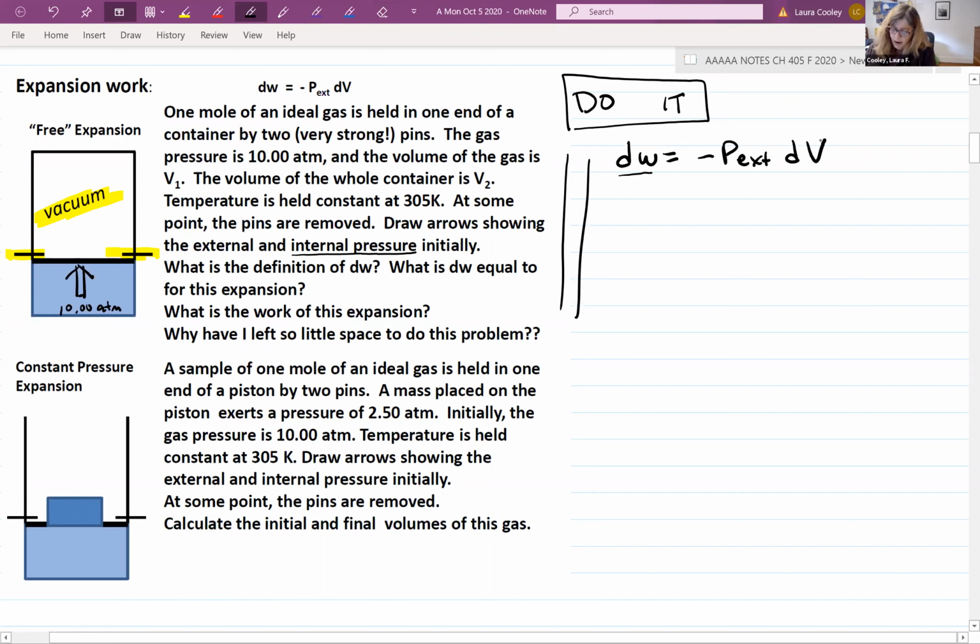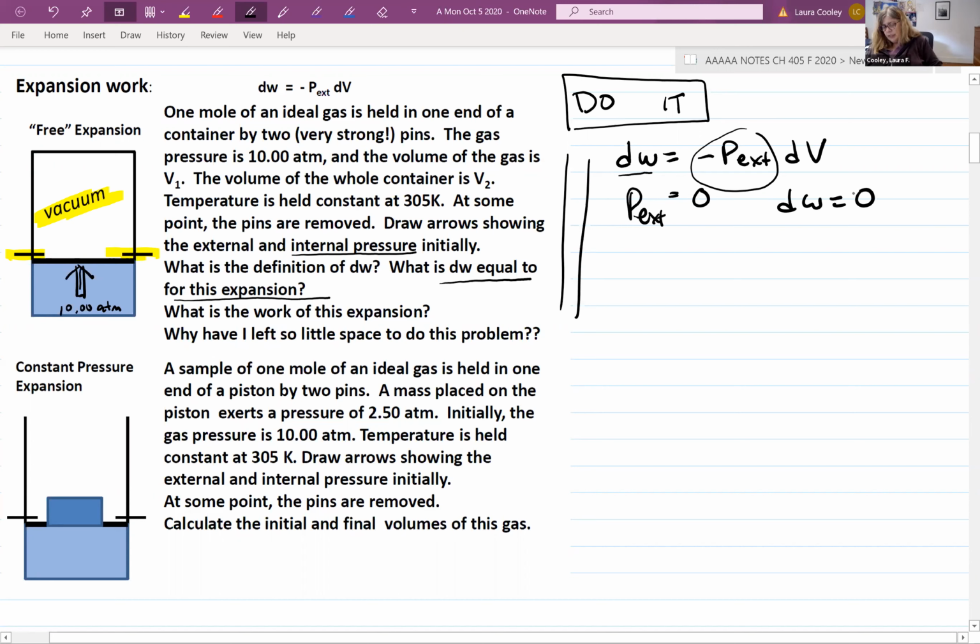So now I have to ask you, what is dW equal to in this expansion? What is P external? It's 0. Yeah, it's 0. So P external is equal to 0. So dW is equal to 0.